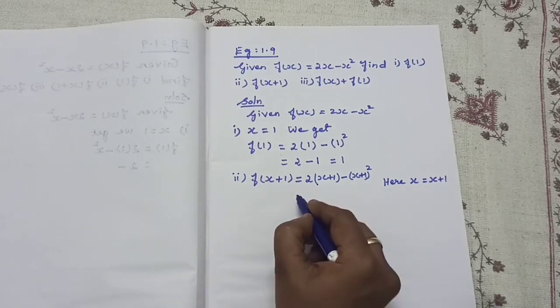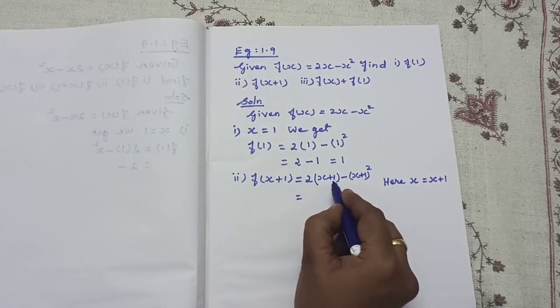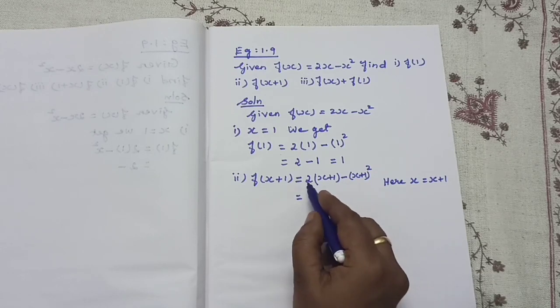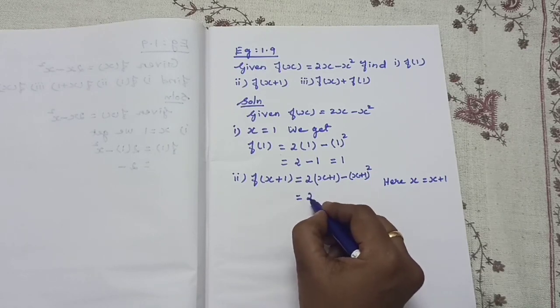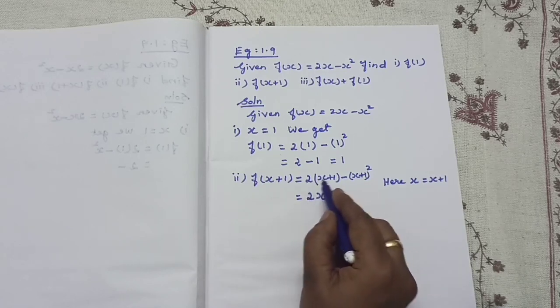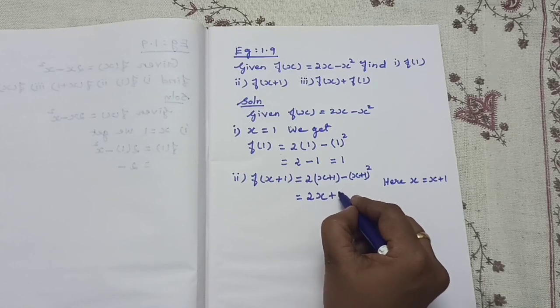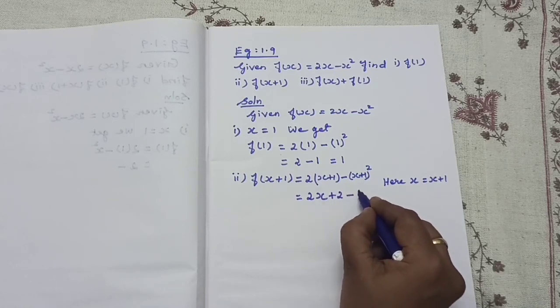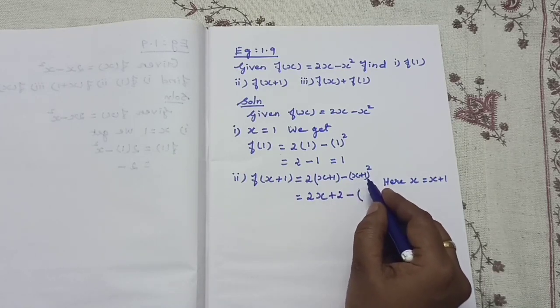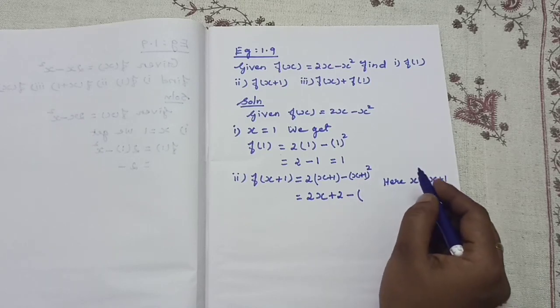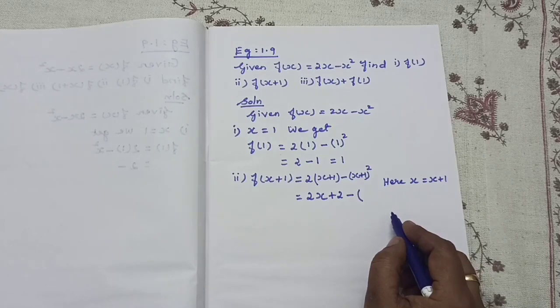Correct? And equal to, this 2 we have to multiply inside. Okay? Remove the brackets. 2 into x is 2x. 2 into 1 is 2, isn't it? Plus 2 minus of, this is of the form a plus b the whole square, isn't it? You see, a plus b the whole square, what's the formula?